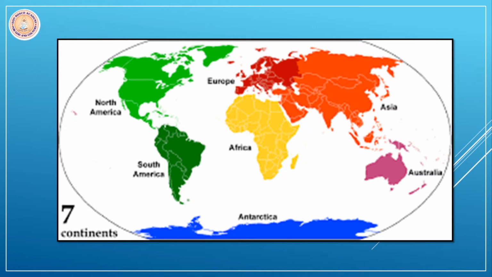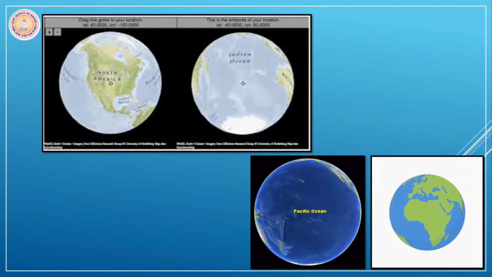Now, when we examine the distribution of land and water on the globe, we notice a number of outstanding features. Now, there is an antipodal balance of land and water on directly opposite sides of the earth or of the globe.